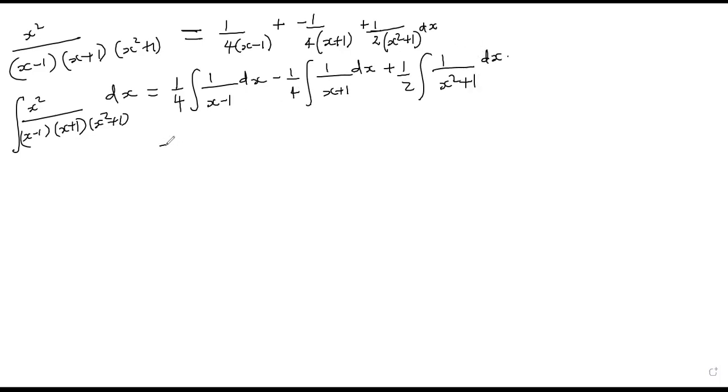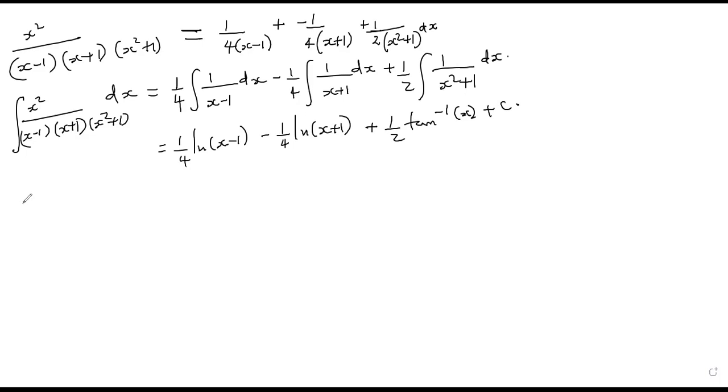And looking at this, this is going to be a quarter ln x minus 1 minus a quarter ln x plus 1. I'm using lns because when you differentiate this, you get the numerator. Then for this, it is a tan substitution, it will be plus a half tan inverse of x, then plus c.